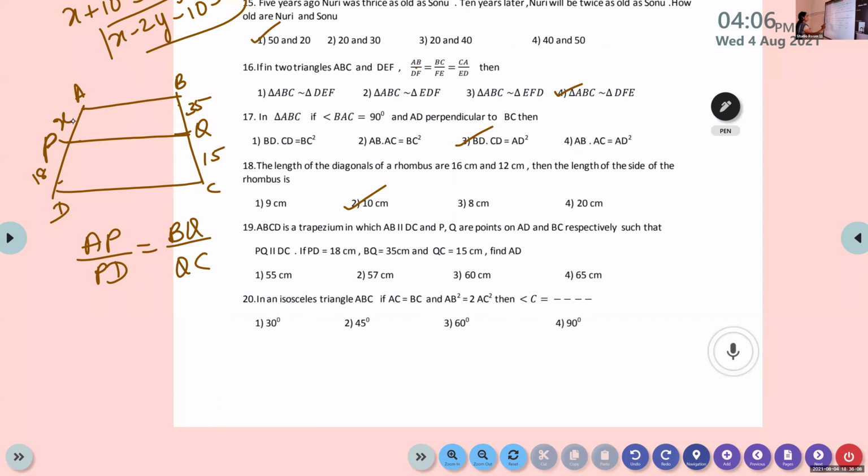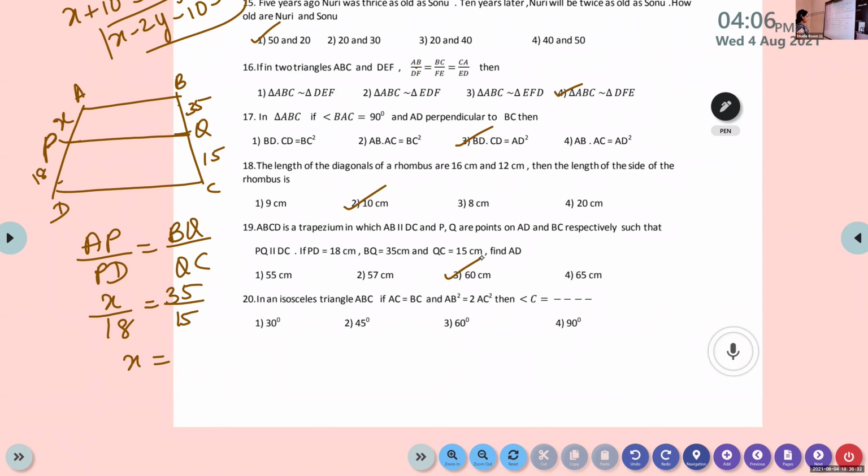Suppose this is X. So we can write this as X by 18 is equal to 35 by 15. You simplify and you find X. After finding X, add with 18, you'll get the answer. I think, okay, is it 60? Is it 60, children? Yes, ma'am, it's 60.